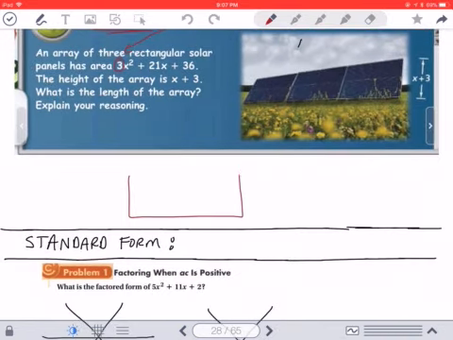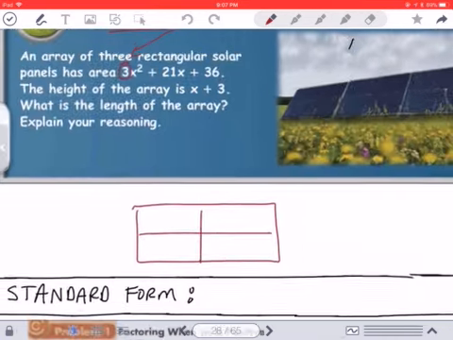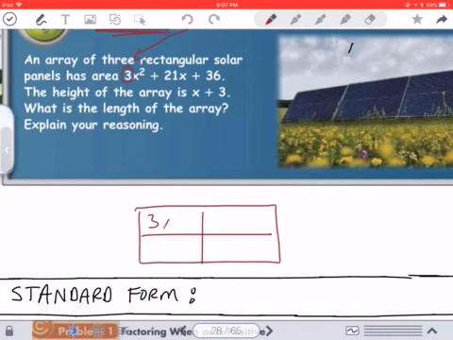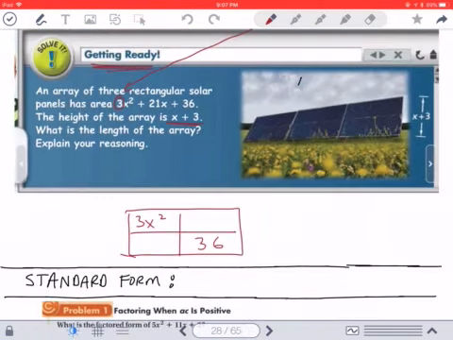So I know that the area of this is going to be 3x squared, and there's going to be a 36 here, and it says the height is x plus 3.